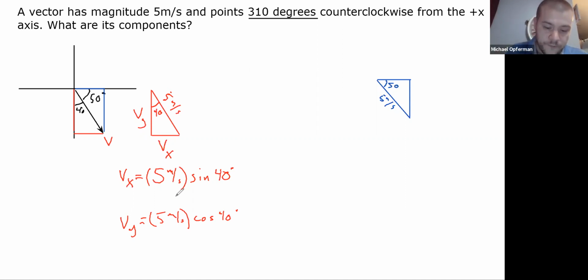Vy is adjacent to the 40-degree angle. If I crunch the numbers on this, I get Vx is 3.2 and Vy, I got 3.8.